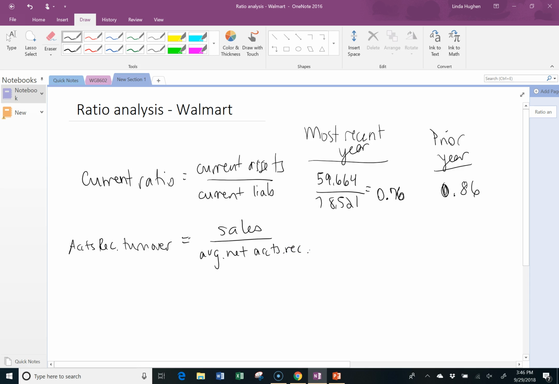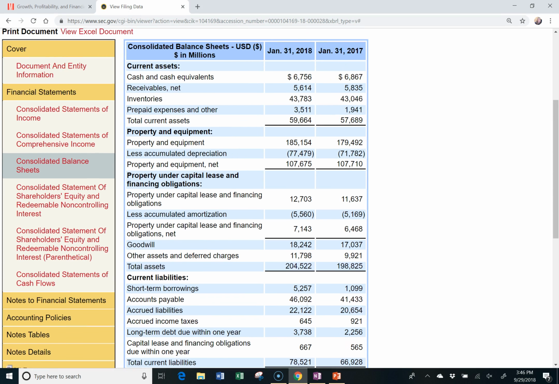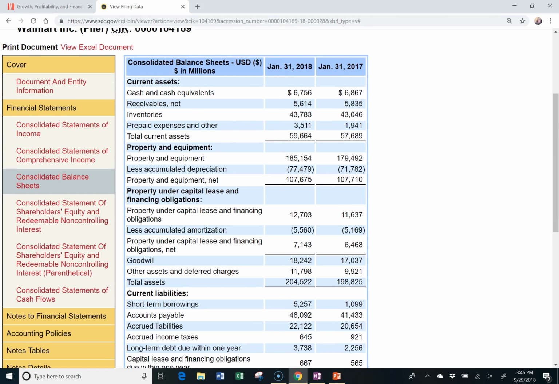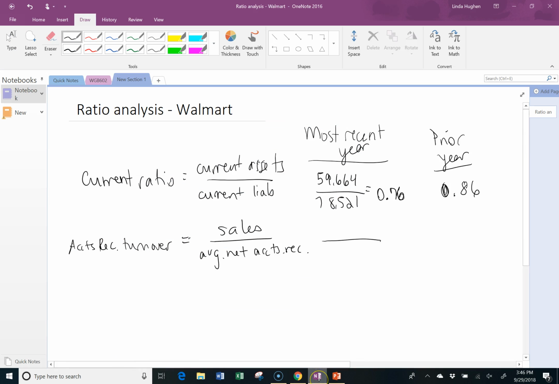If we need sales, we need to get the income statement, but since I already have my balance sheet up for Walmart, I want average receivables, and in this line here I see the net receivables. I'm going to take the average between this year, the 5614, and the prior year, 5835, and divide that by 2 to get the average. That average is going to work out to be 5724.5.